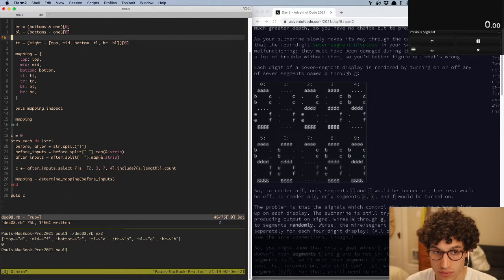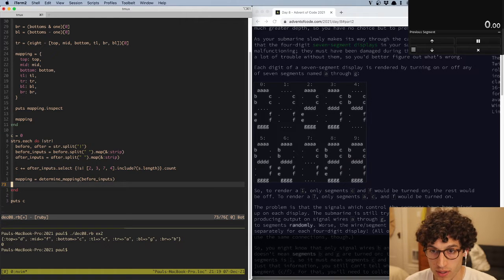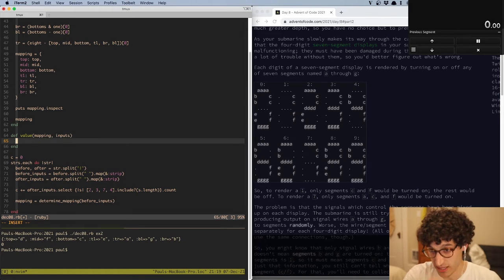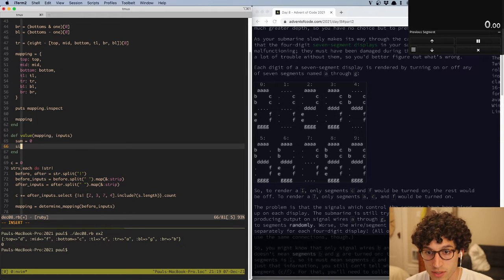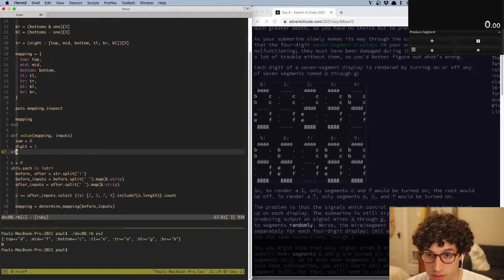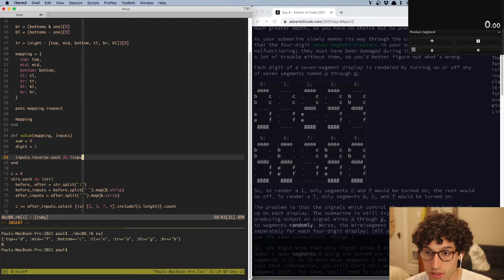And now def value mapping, inputs. Sum equals 0, digit equals 1, inputs.reverse.each do input.